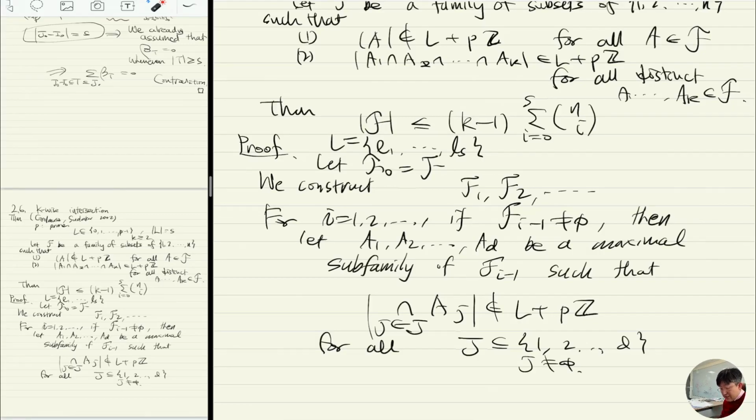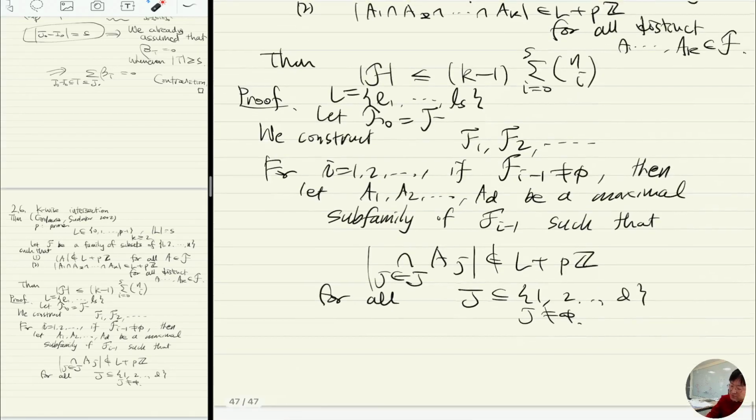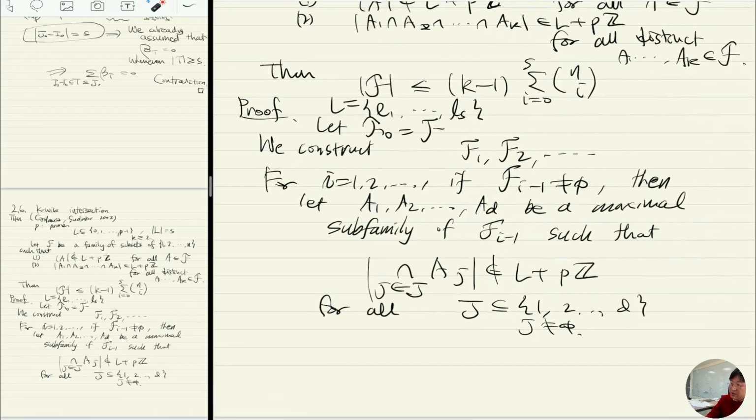Whenever I take intersections, they don't fall into L, and choose it maximal. By the way, why does it exist? Because if I take a single set, then that already satisfies this. So therefore, such a subfamily exists.